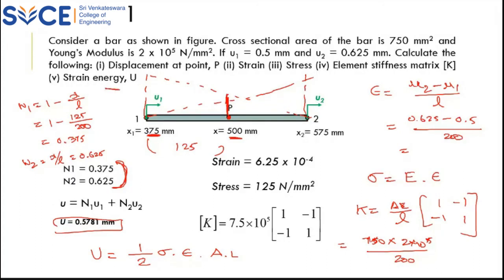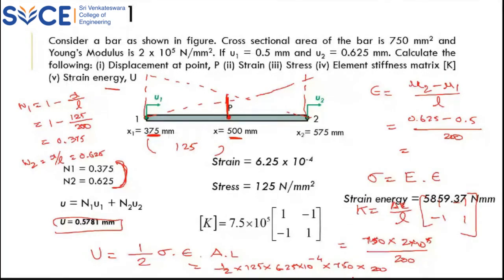So what will I get? Half of stress 125 into strain 6.25 into 10 power minus 4, area 750 into length 200. You substitute all these things, you will get the strain energy.